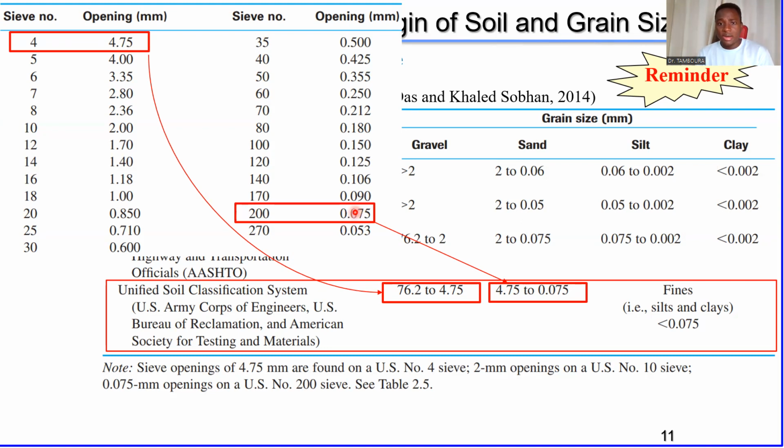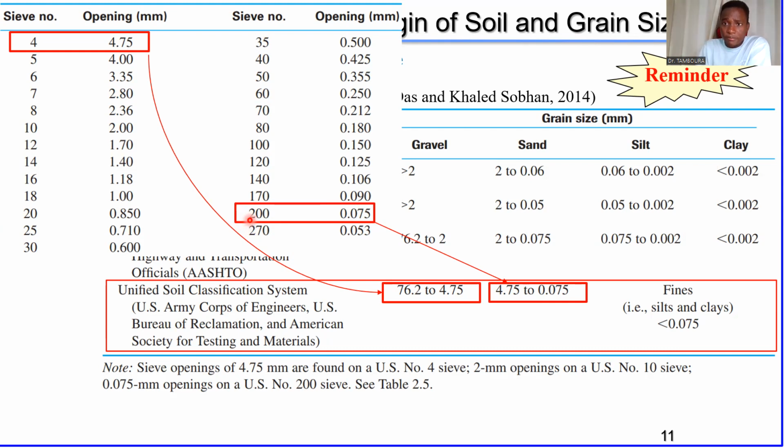Technically, after this video, this part of this chapter is over. All this chapter is around this point, this sieve number 200. That's why I am spending more time on this. If 50% of the soil passes this sieve number, the soil is fine.